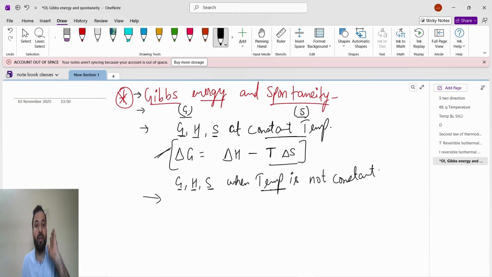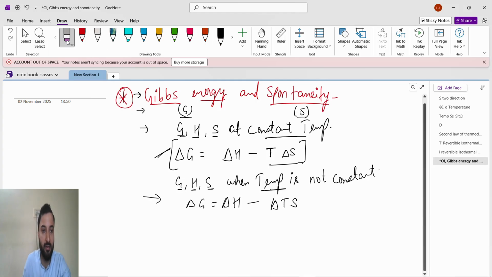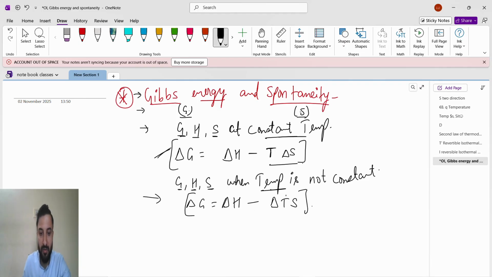Not constant means all 4 are changing. So delta G is equals to delta H minus delta TS, so here we will write the delta in the temperature also, delta TS. This is very rare they will ask, but they can ask. This is important for the numerical also.